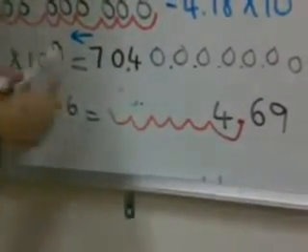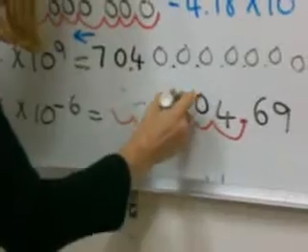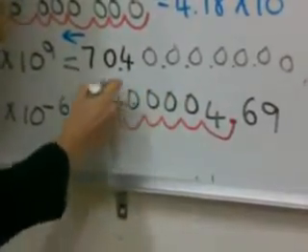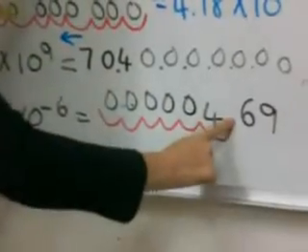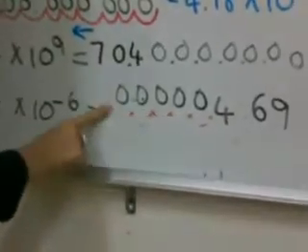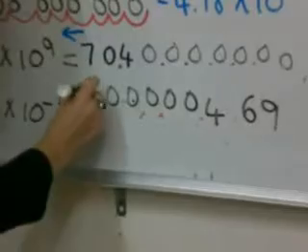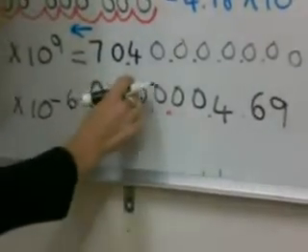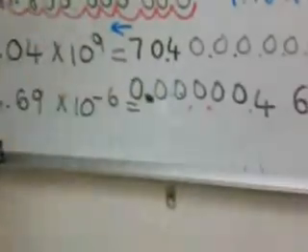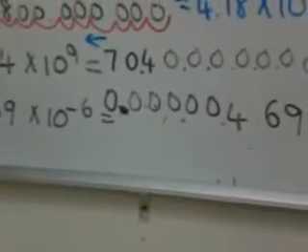So fill in the zeros. 1, 2, 3, 4, 5 zeros. And this decimal point that was there moves all the way back here, becomes 0.0000469. Okay? And that is the answer for that.